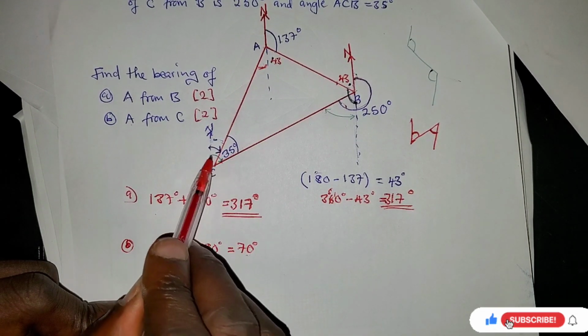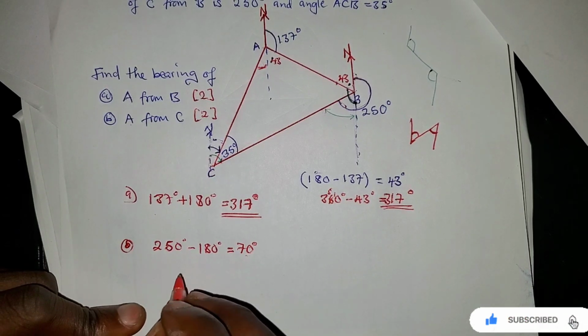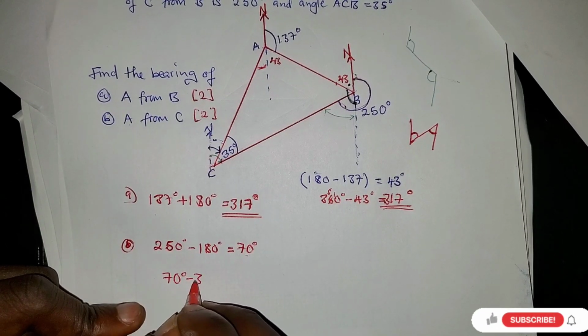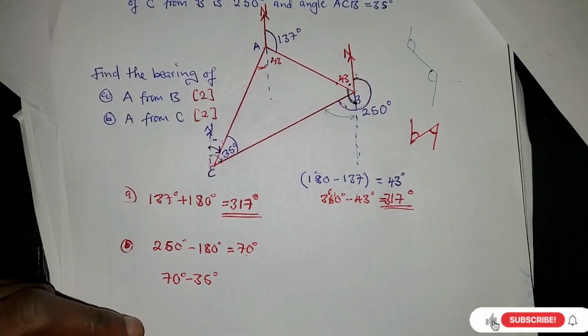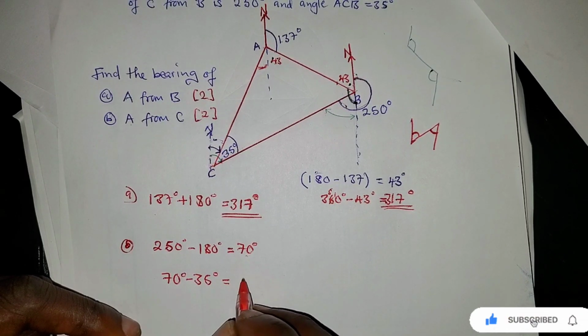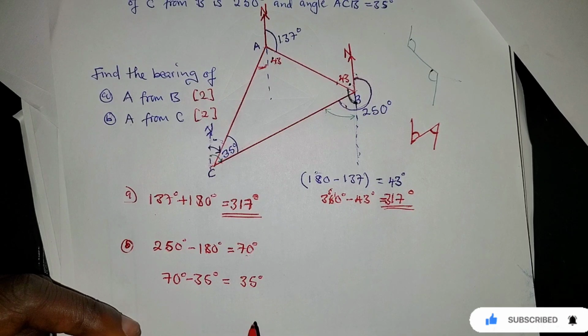Out of 70, we've been given 35, so we just have to subtract 35 from 70. You can say 70 degrees minus 35 degrees, which gives us 35 degrees.